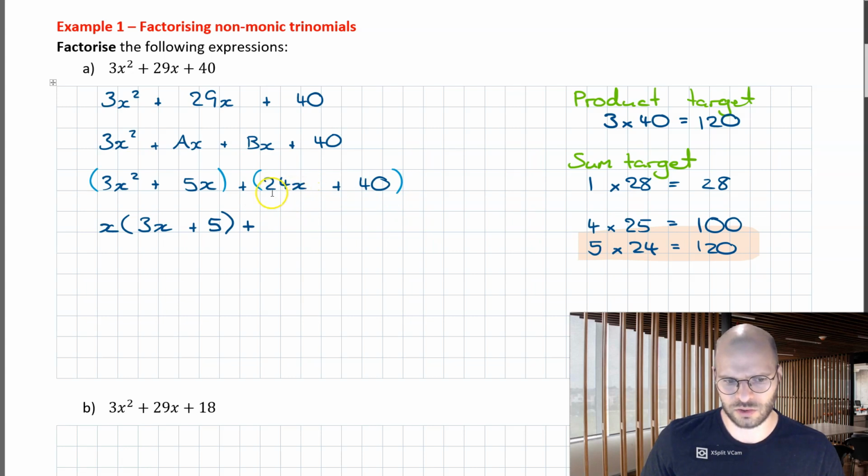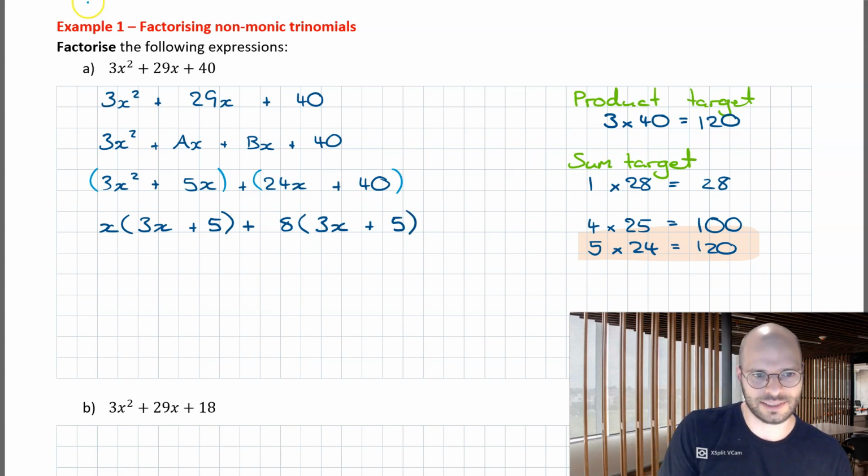Now what we can do to make this a little bit easier is look at the bracket we've already done, and we've got a 3 and a 5 left over. Now you ask the question, what happens if I divide 24 by 3? And what we find is that we are going to get 8 left over. Similarly, what happens if we divide 40 by 5? Well, again, we get 8. So that means that we're going to pull out a common factor of 8, which will leave behind 3x plus 5.